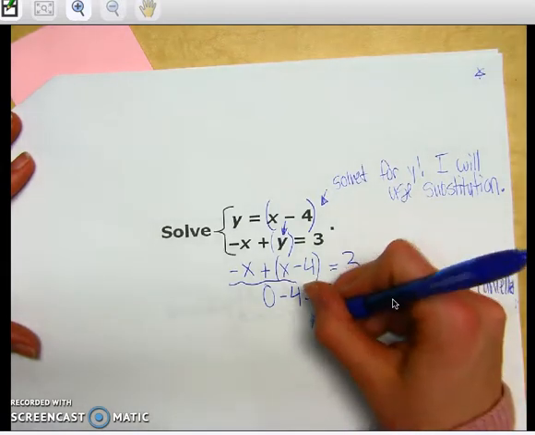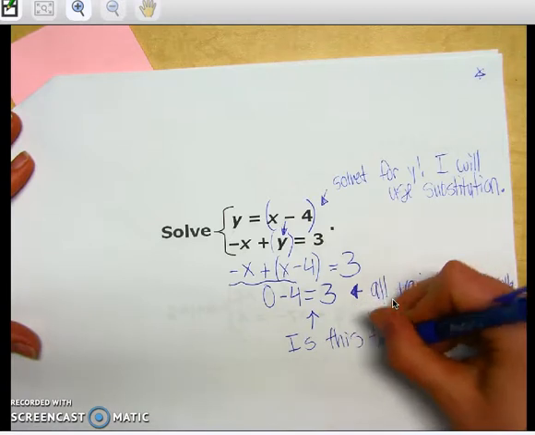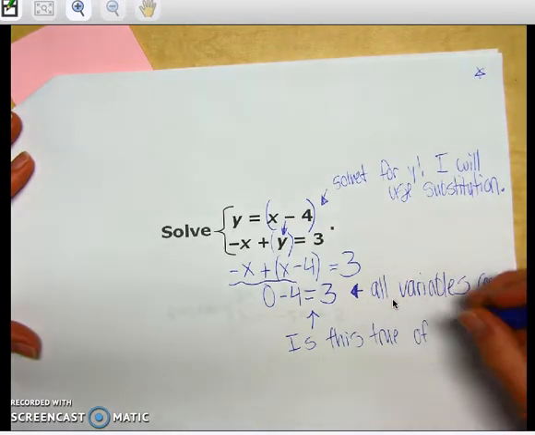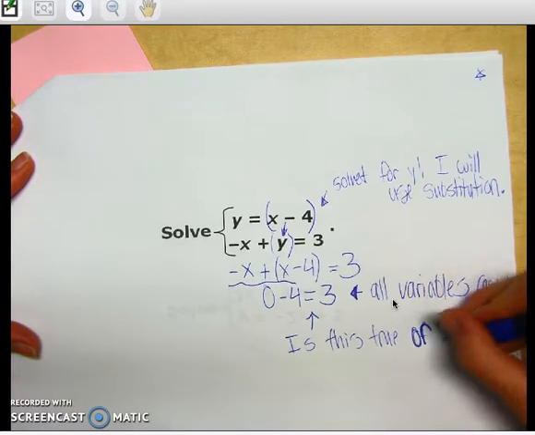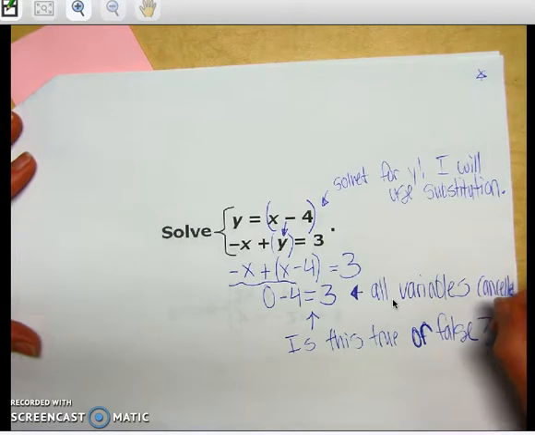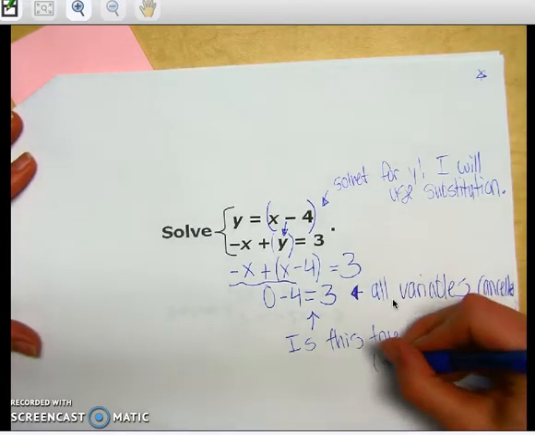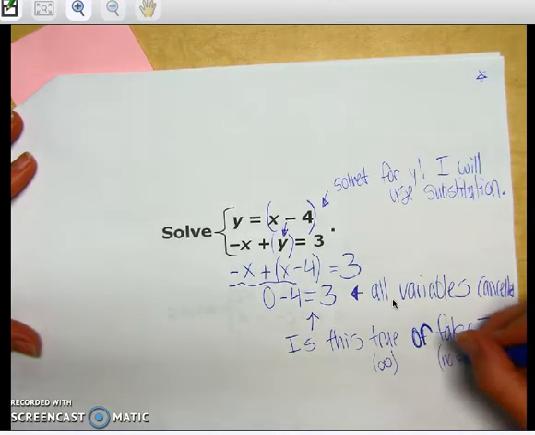Is this a true or false statement? If you remember from previous chapters, when we had these true or false statements, they either gave us no solutions or infinite solutions. So true would give us infinite solutions, and false gives us no solutions.